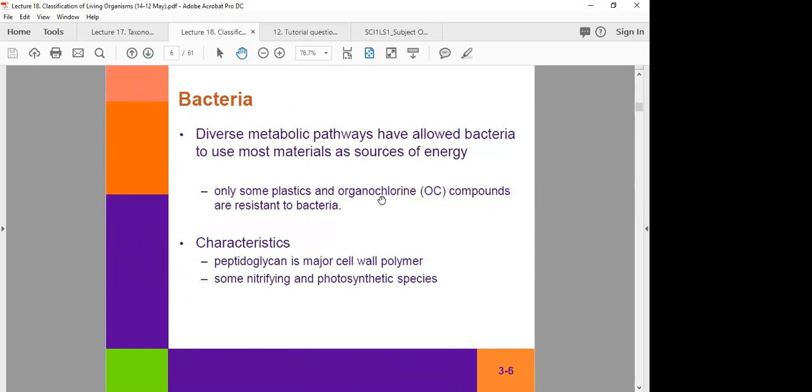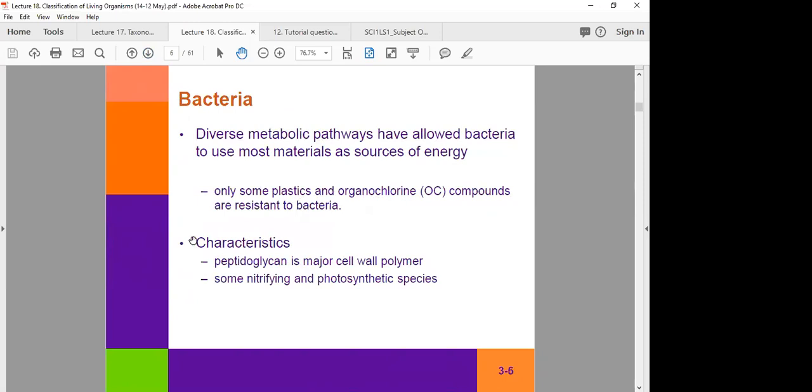So the OCs or OCPs, think of pesticides such as DDT, aldrin, dieldrin, heptachlor, chlordane, and so on. So they're chemical compounds that seem to be resistant to bacterial breakdown.